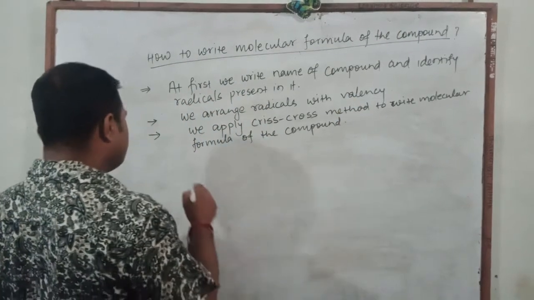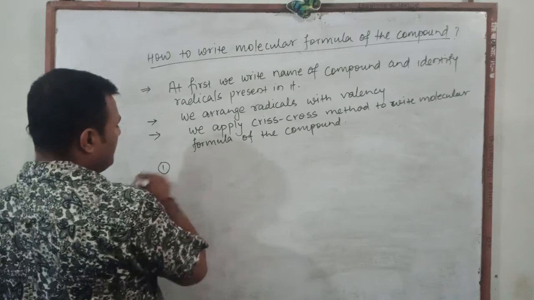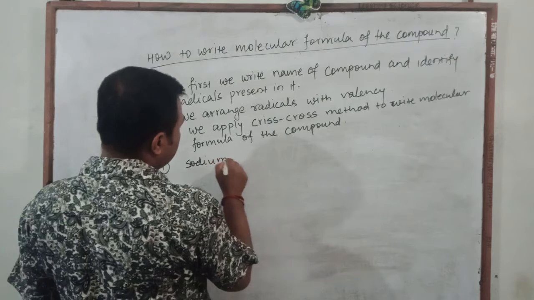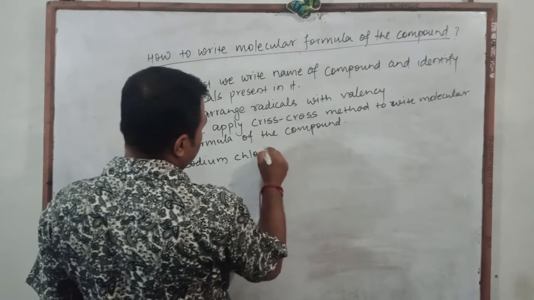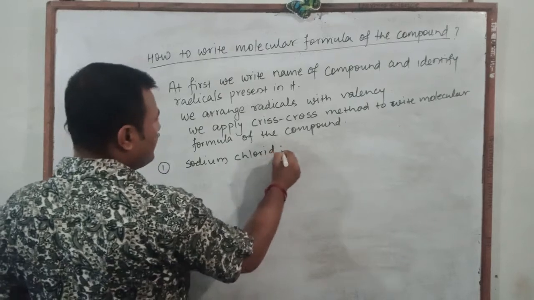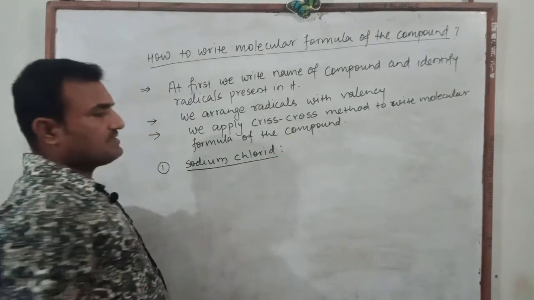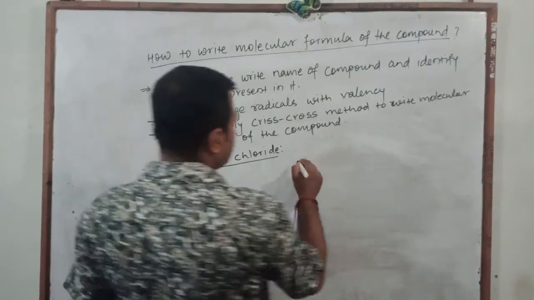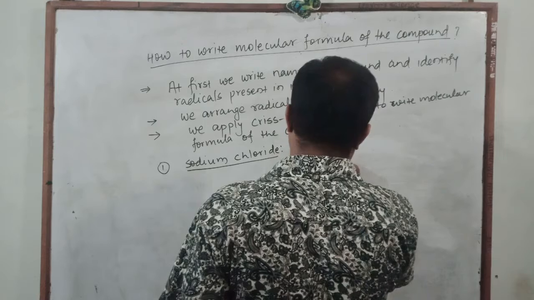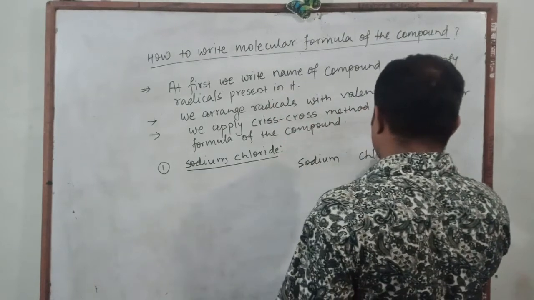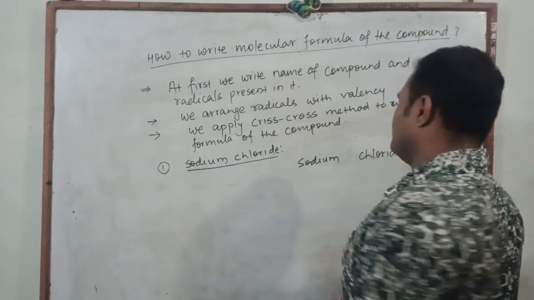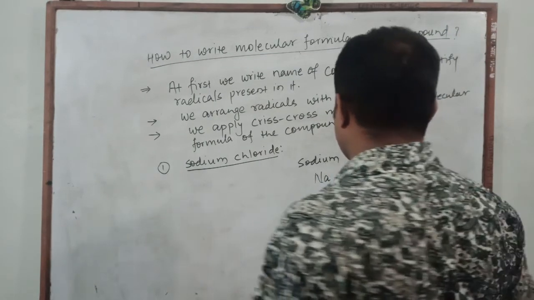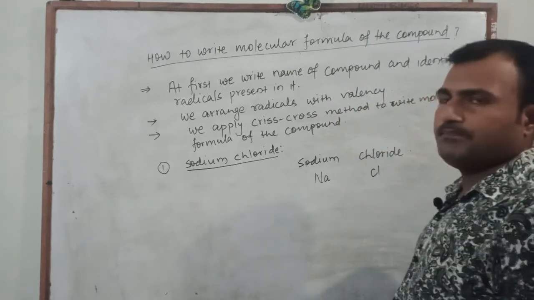Suppose the name of the compound is sodium chloride. Then how do we write a molecular formula? At first we find out which radicals are present in it. So here sodium and chloride are present. Symbol of sodium is Na, chloride is Cl.